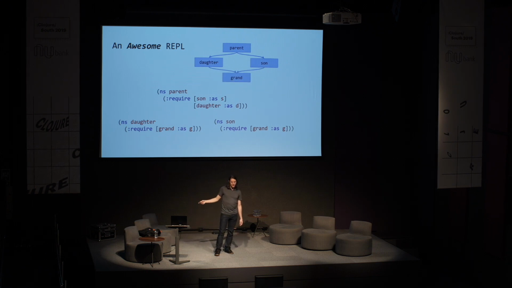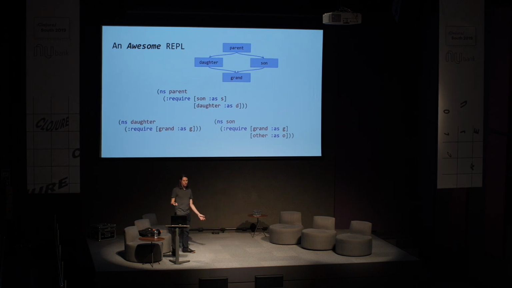Right, so now if we change the sun namespace to require another namespace, what will happen is simple. Our REPL is not in sync with our source code, and we have to synchronize them. It's kind of tedious to keep evaluating things over and over again. And there are some changes that are incompatible.